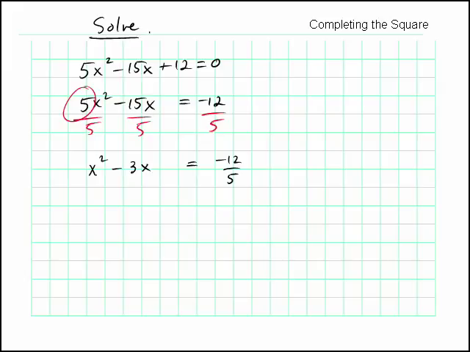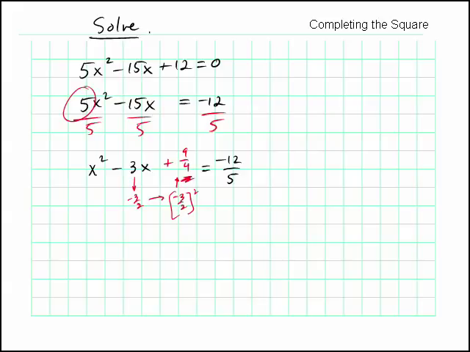Okay, so what number do I need to complete the square? I have to take half of negative 3, which is negative 3 over 2, and then I have to square that. If I square that number, I get a positive 9/4.